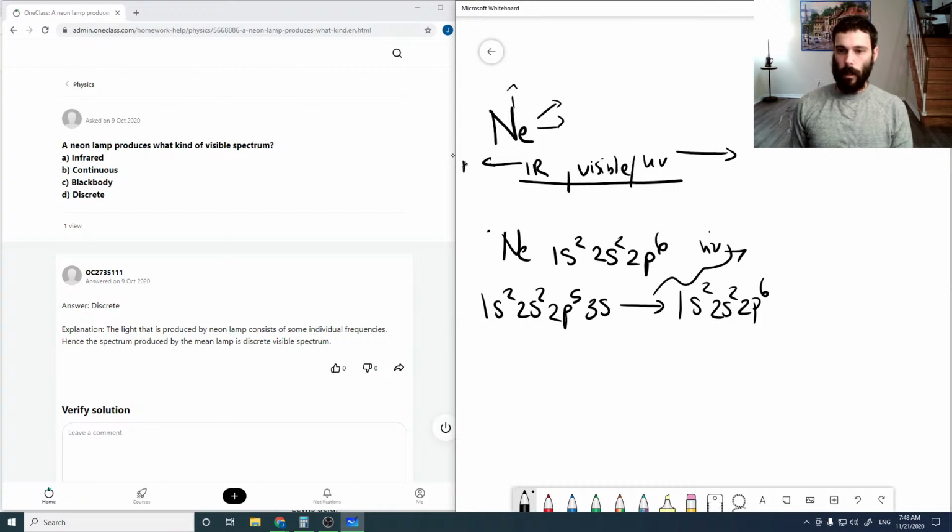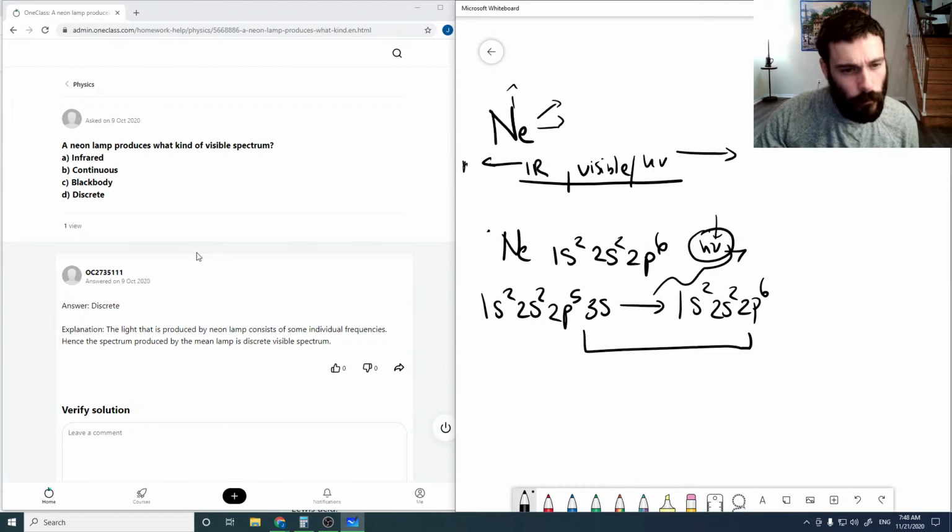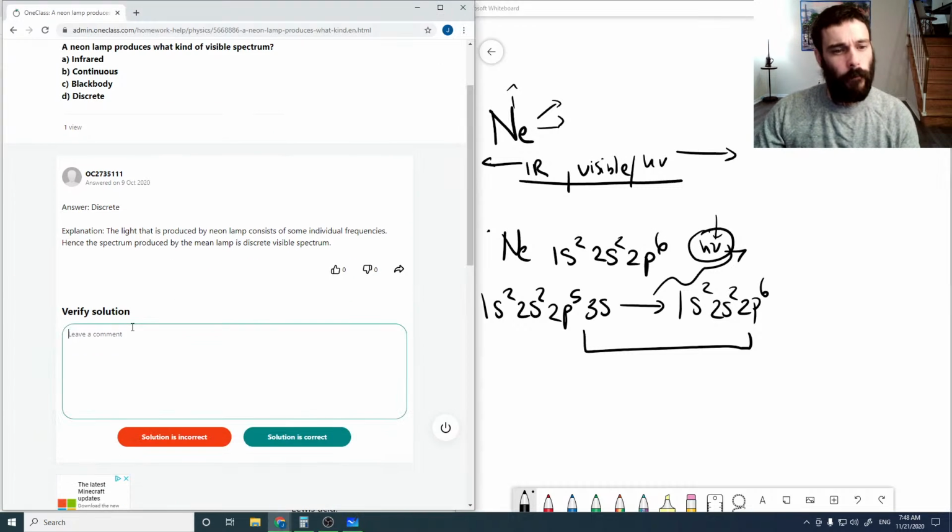All right, so that's what gives rise to the light, and it's from discrete energy jumps, or very well-defined energy jumps. So that energy for the photon, and therefore its frequency, is going to be determined by the gap in energy here. So it's going to be at a very well-defined single frequency, and so it's going to be a discrete spectrum. And yeah, answer is discrete, so that looks good. So solution is correct.